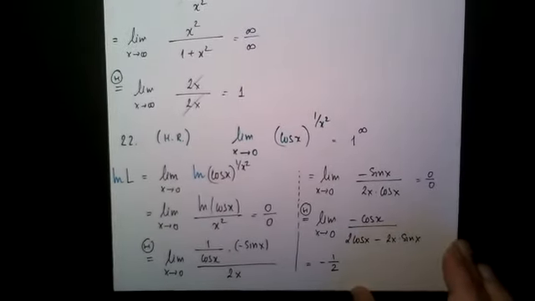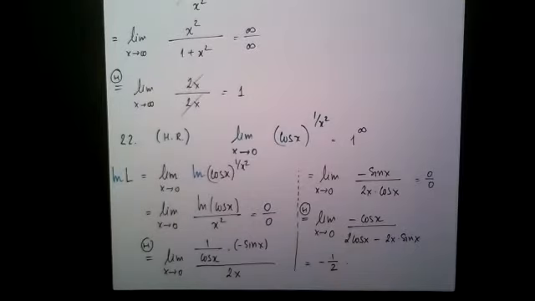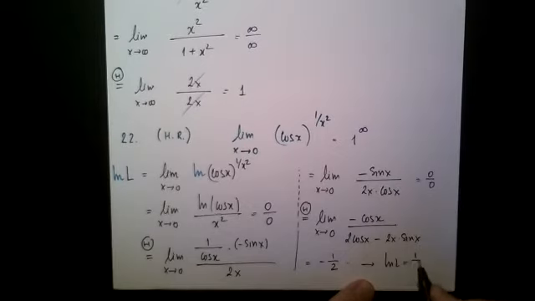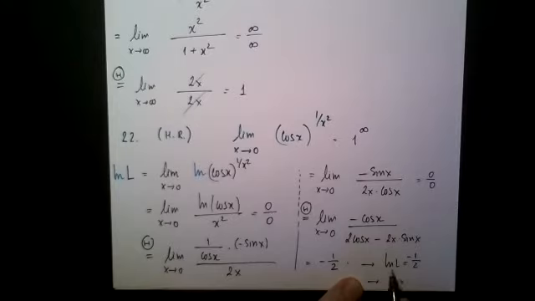A question: what happened to ln of L? Oh, you're right. I'm not done. 100%. So this is just ln of L, and ln of L is equal to negative a half, which means that L is e to the negative 1/2.